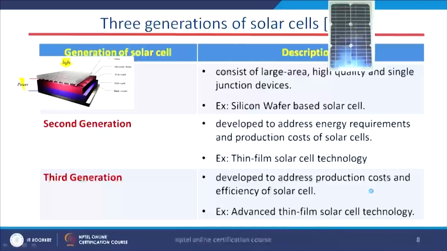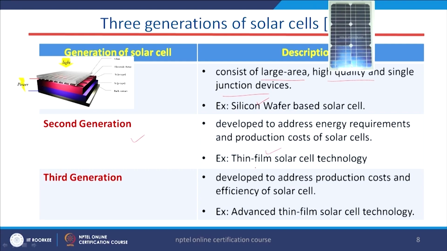I will just discuss the three generations of solar cell. The first generation consists of large area, high frequency, single junction devices. An example is the silicon wafer based solar cell. The second generation is basically thin film solar cell technology.